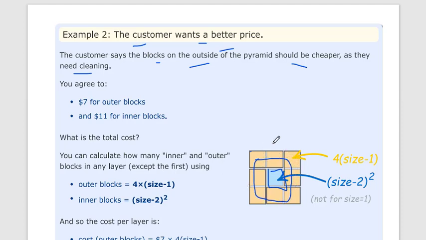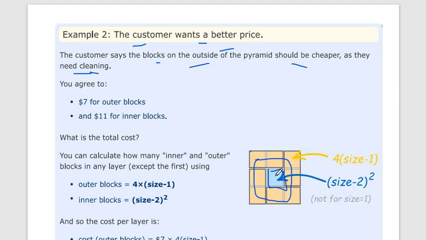From the air pollution, these blocks need repairing and cleaning. So the customer says all the outside blocks should be cheaper, and the inside blocks can be at the normal price.